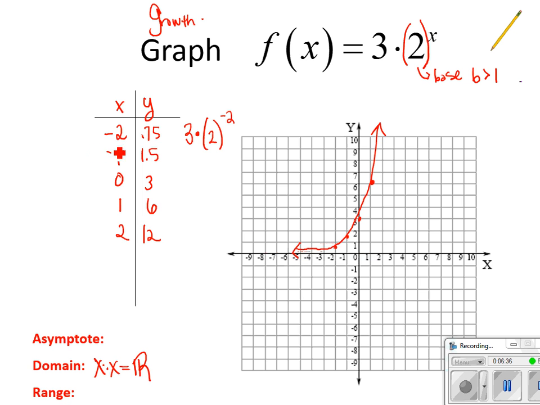Well, here's the deal. If you put -10 in there, you're going to get 0.0029. Well, that is really close to 0. Did it reach 0? Nope, it's pretty close, but it's still not reaching 0. What if we put a -100 in there? What are we going to get?